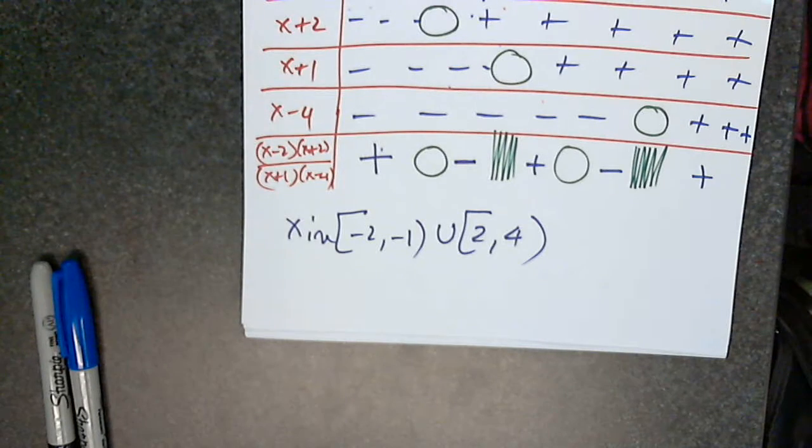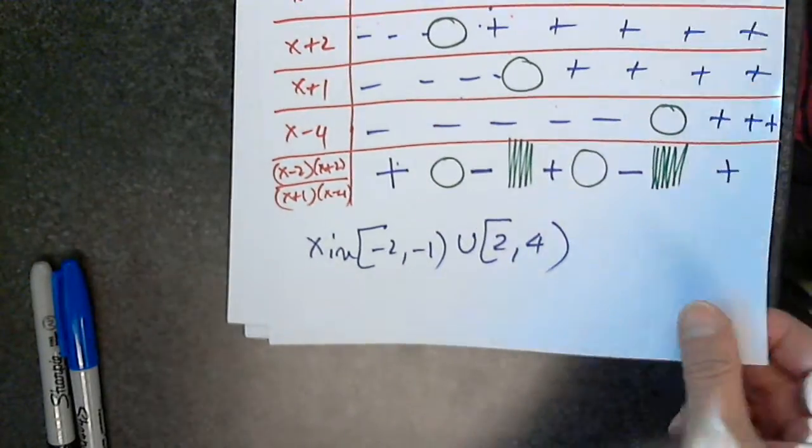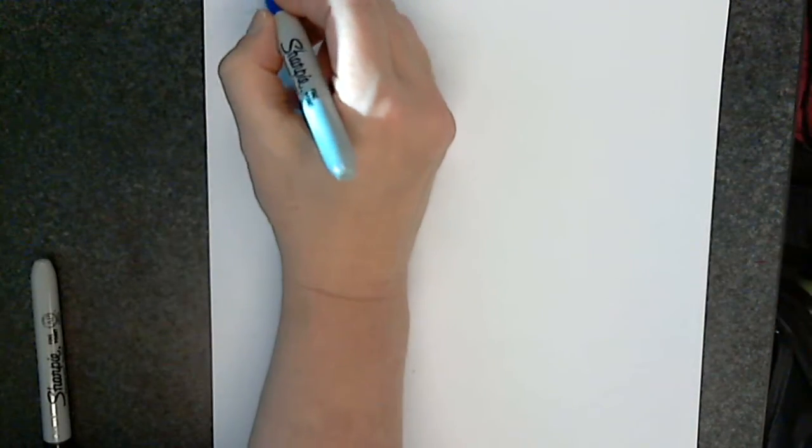I'd like to look at some more word problems. Number 59 on page 704. It says, find two numbers whose sum is 60 and whose product is as large as possible.